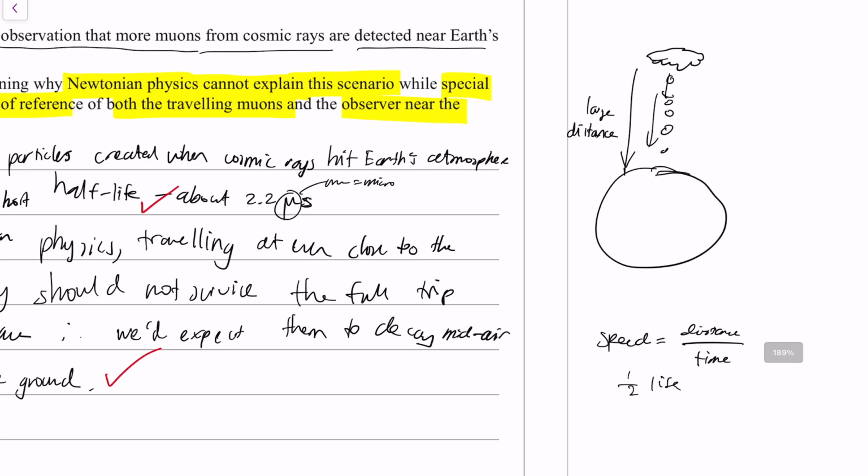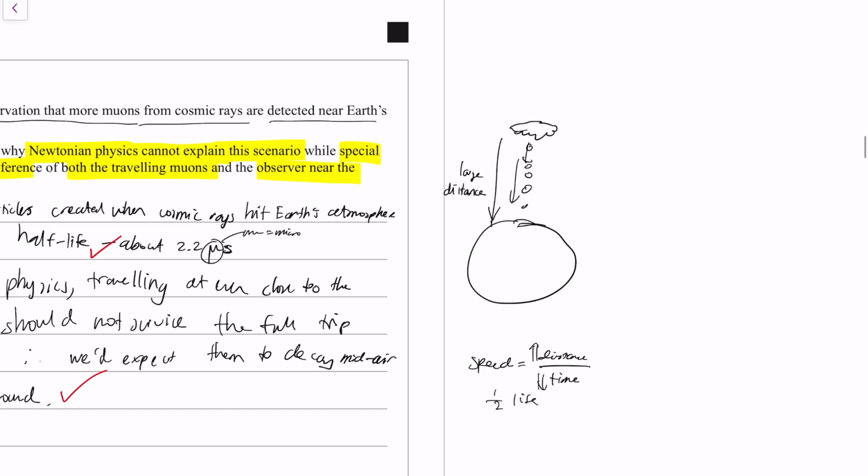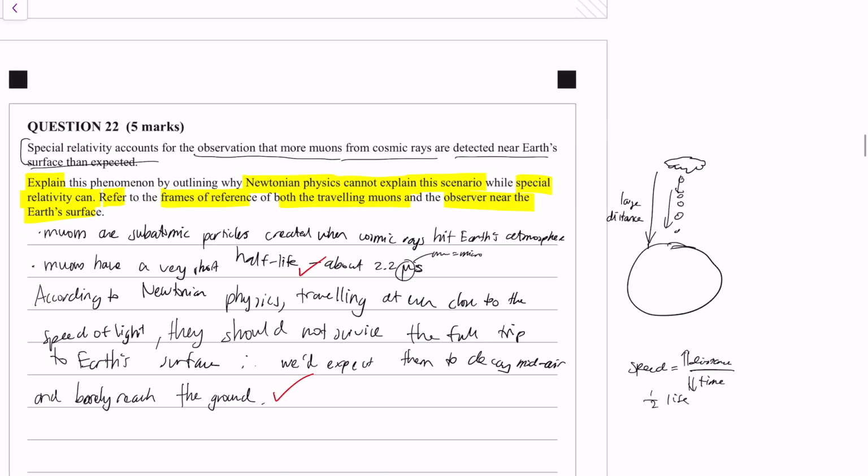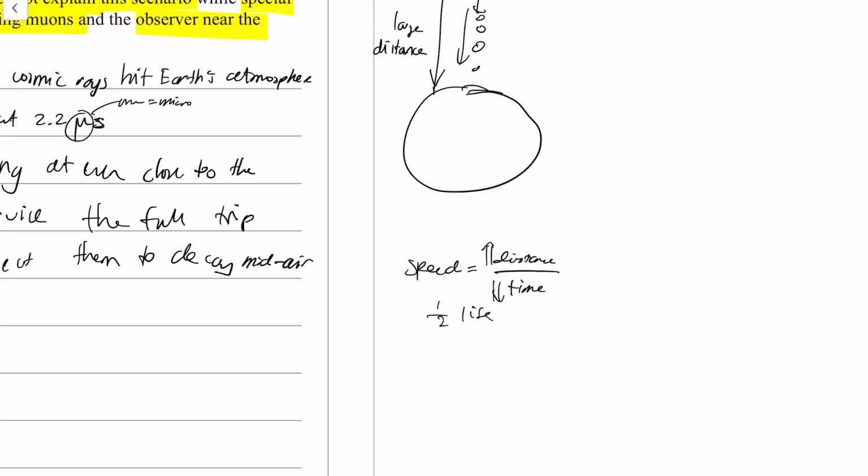Okay, if you have such a large distance, okay, and so little time, if you were to rearrange the speed distance time formula where we have such little time for it to survive, and well, we do have muons reaching approximately the speed of light, but not at the speed of light.